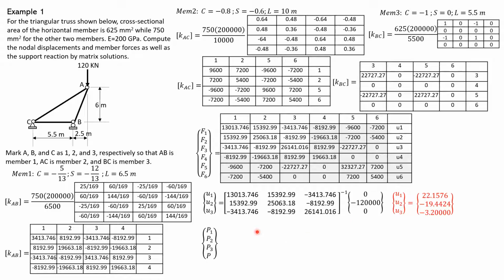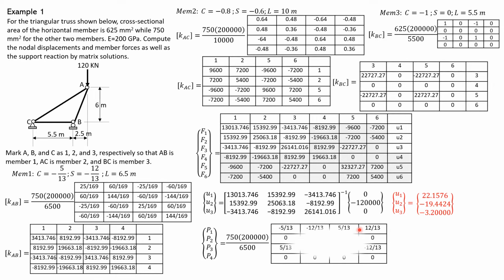So for member forces, number 1, AB, that's 1, 2, 3, 4. So P1, P2, P3, P4 is equal to AE over L of AB, times, remember, the individual stiffness: C, S, negative of C, negative of S, then 0, then the negative of the upper first row. And 0, 0, 0.